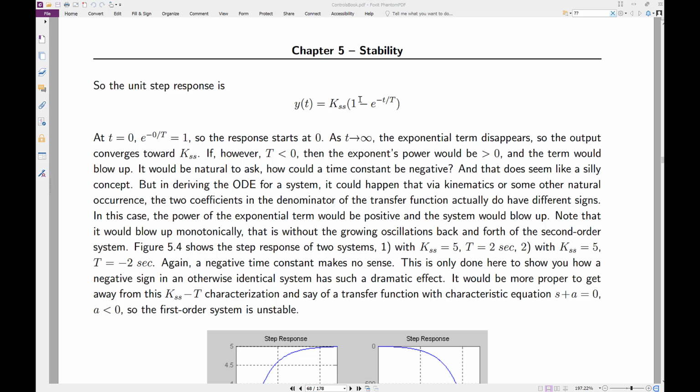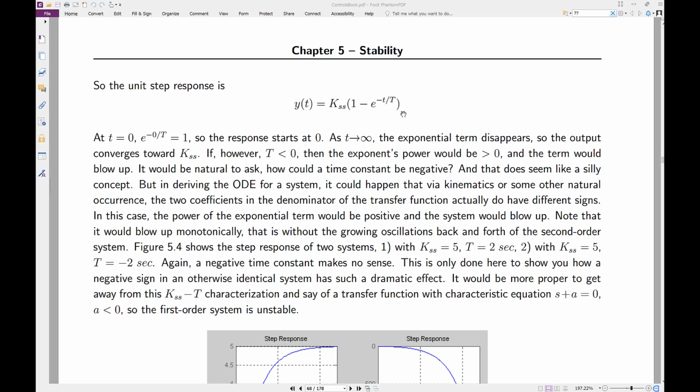What you can notice about this already is that there's no sines and cosines in here, and you have to have complex poles to have oscillation. Complex poles come in pairs. So if you have a first-order system, you only have one pole, and therefore you can't have complex poles, and your system is non-oscillatory.